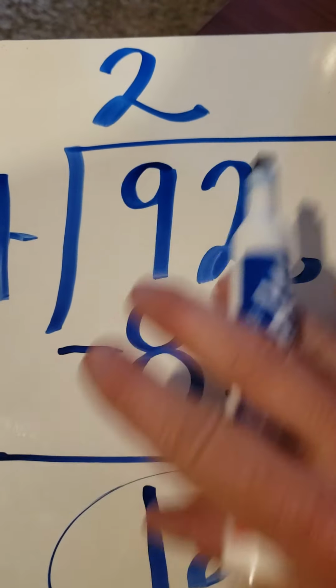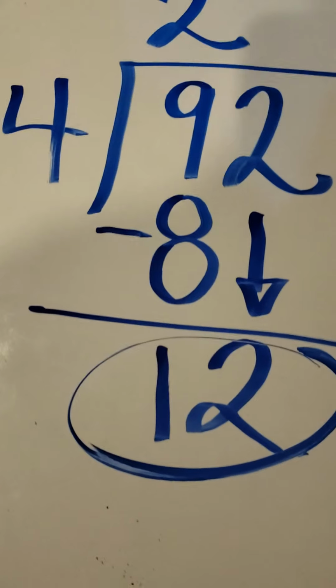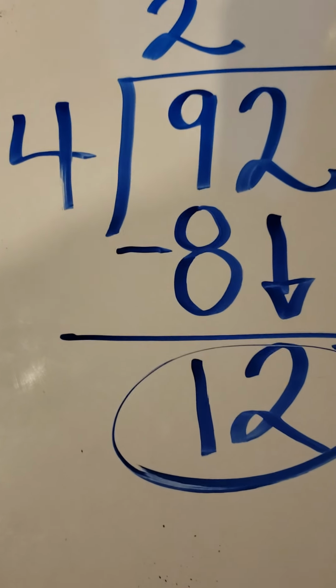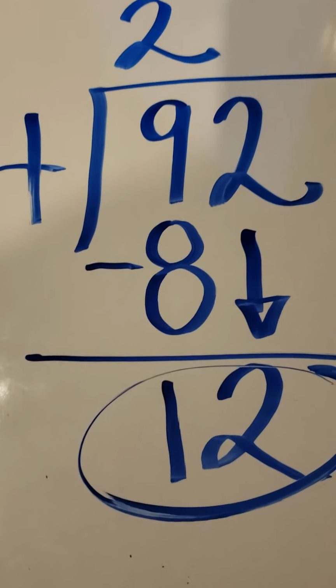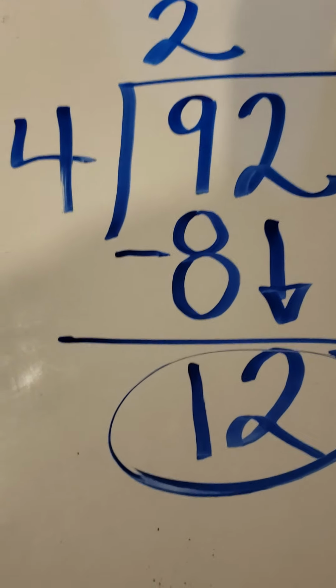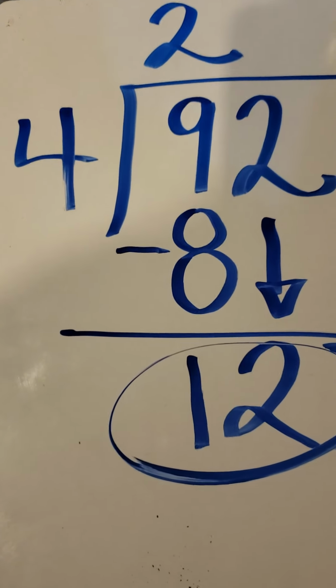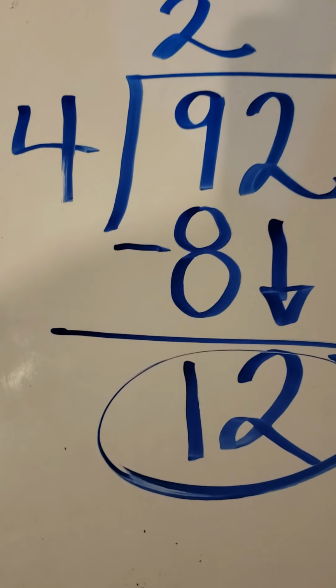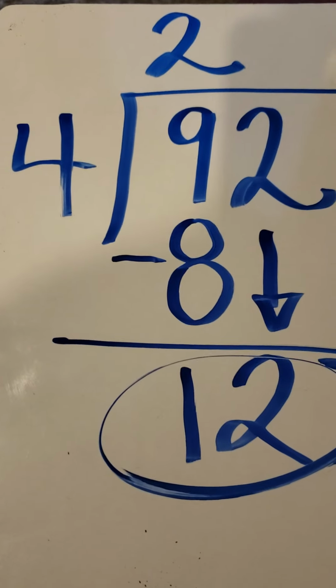You don't really need to worry about any of these other numbers. How many times can 4 fit into 12? Or what is 12 divided by 4? Well, we just did that when we were counting up. We said 4, 8, 12. There's our perfect fit again. 4 fits into 12 3 times, or 12 divided by 4 is 3.